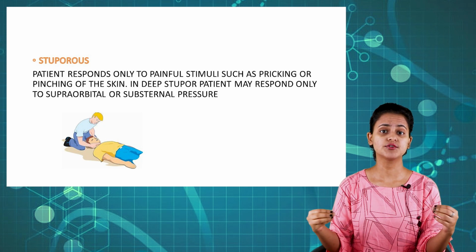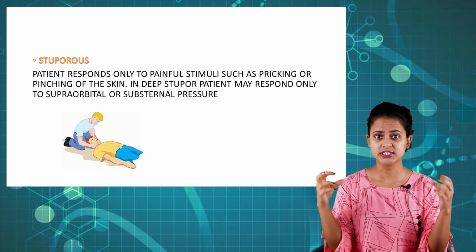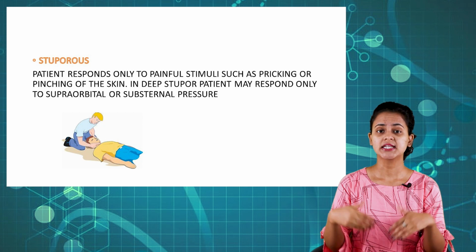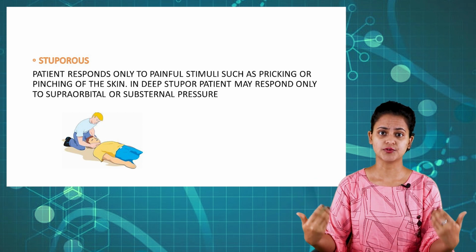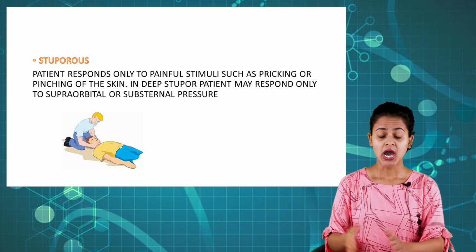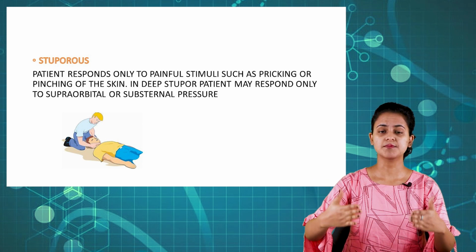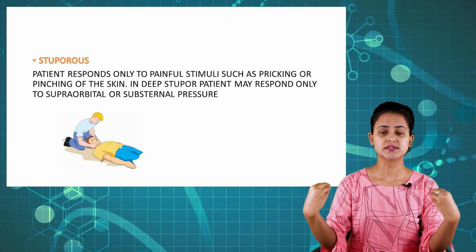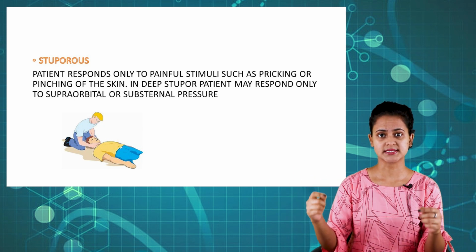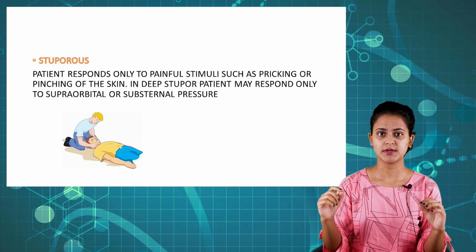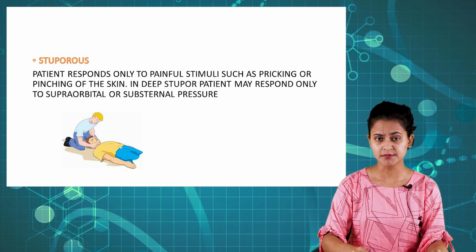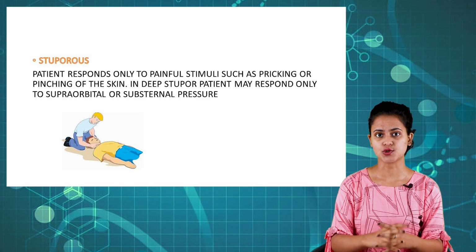Until and unless painful stimuli is administered into these two locations, in case of deep unconsciousness, the client won't be able to provide a response towards it. Otherwise, in partial stuporous unconsciousness, we are going to see the client will respond towards painful external stimuli, that is basically administration of a pricking or a pinching to the body surface of the client.